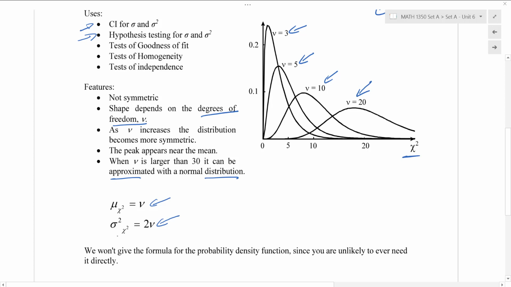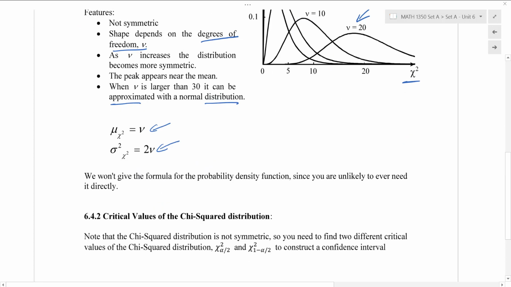We won't use these particularly often, but we do have them. The function itself, for all different values of nu, does have a closed form. It does have a formula. You could write it down and you could compute these things by hand. We won't need to do that, so let's not write down the formula.